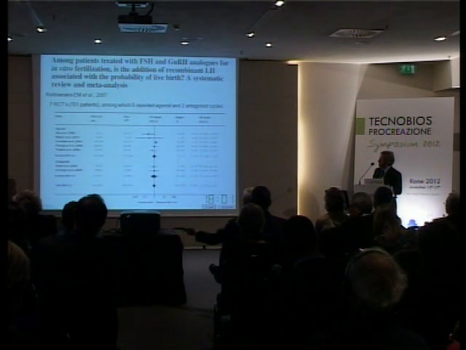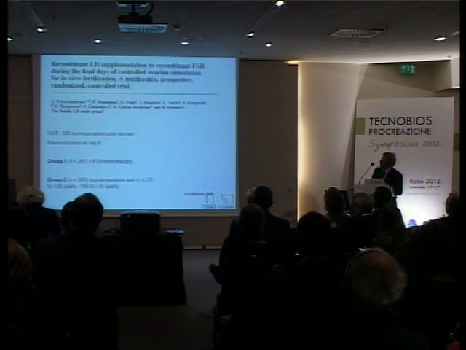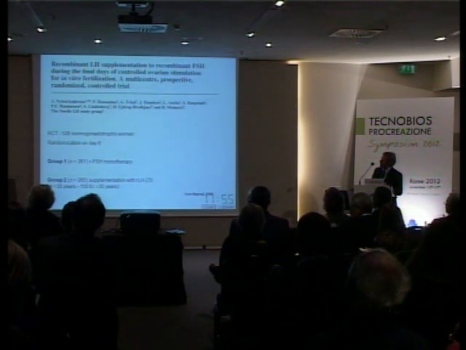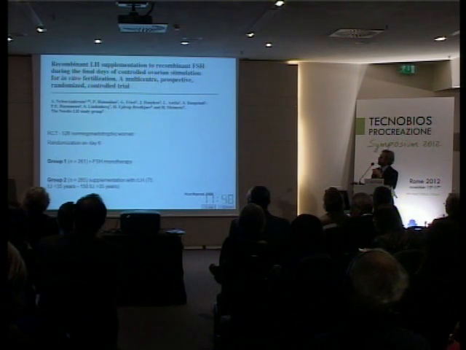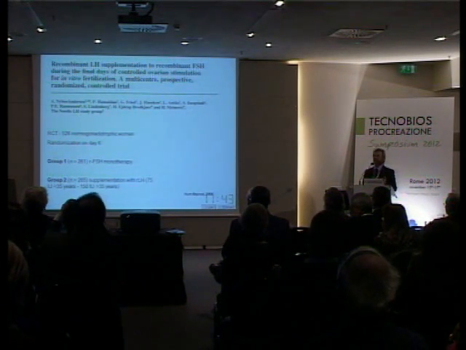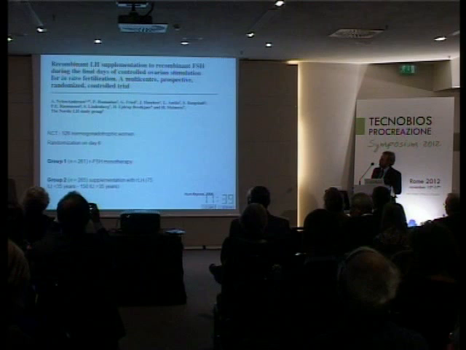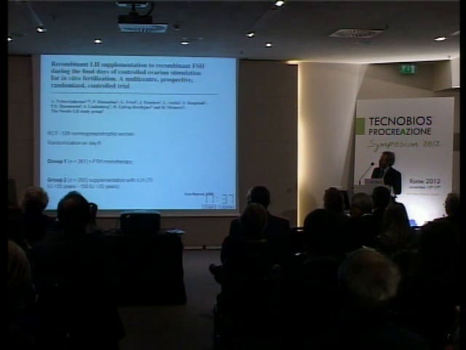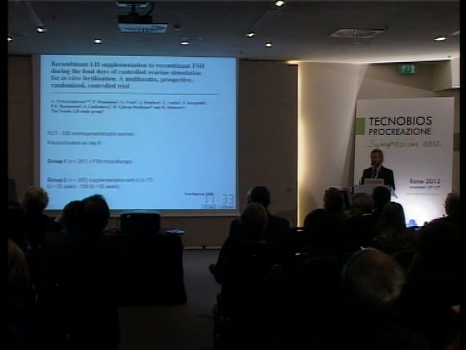I would like to rapidly mention just another study that has been published later in 2008, a large prospective randomized trial performed in the Nordic countries, and again, patients that were considered as good prognosis patients were randomly allocated in a group stimulated only with recombinant FSH and a group receiving recombinant LH.